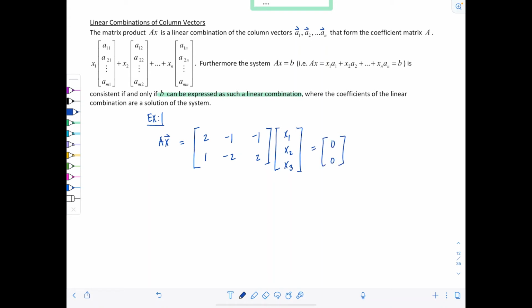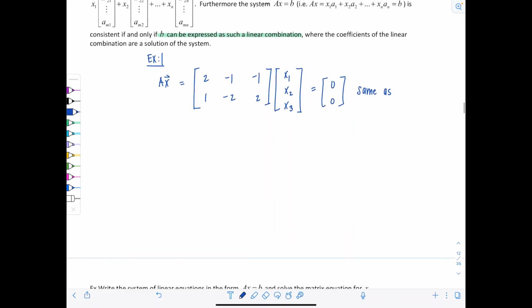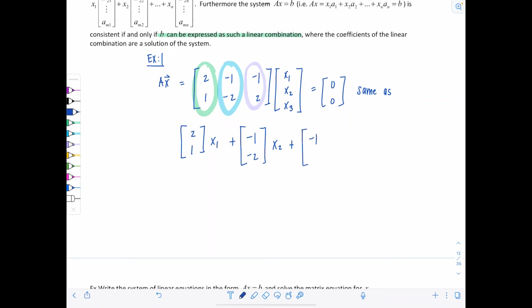So all I basically want you to get out of this is that this is the same as writing each column as a column vector now, 2, 1, and then you would multiply by x1 plus, move to the next column, negative 1, negative 2 times x2, and then one more. In this case, n is 3, negative 1, 2 times x3 equals 0, 0.